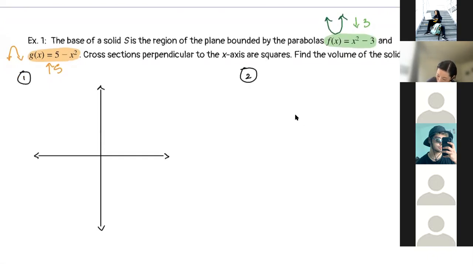All right, so I know that I have one parabola that kind of, oh goodness, looks something like this. And then we have the other parabola that looks something like this.